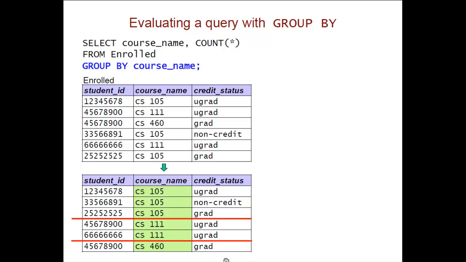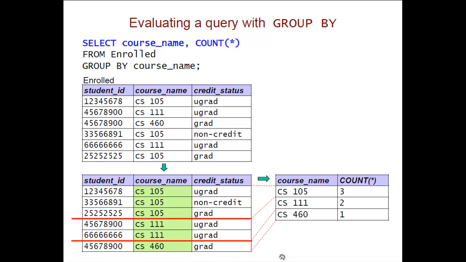And then we go to the select clause and we get one row for each subgroup, and each of those rows has the course name from that subgroup, coupled with the number of rows in that subgroup.